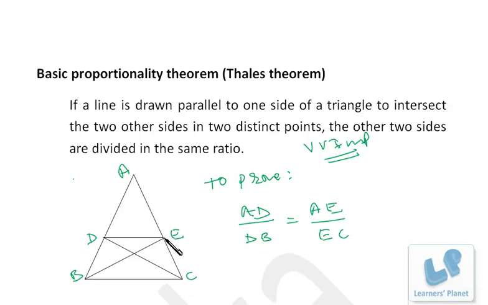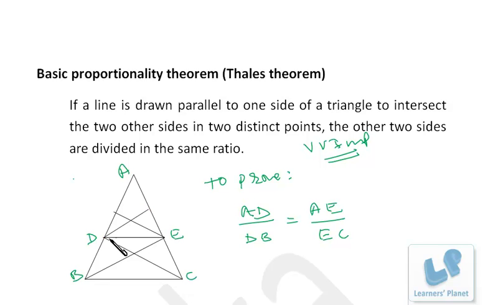Then we draw a line that is perpendicular to BA from E. So maybe we can say that is the line EF that is perpendicular to BA, and similarly a line from D on AC that is also perpendicular to AC.